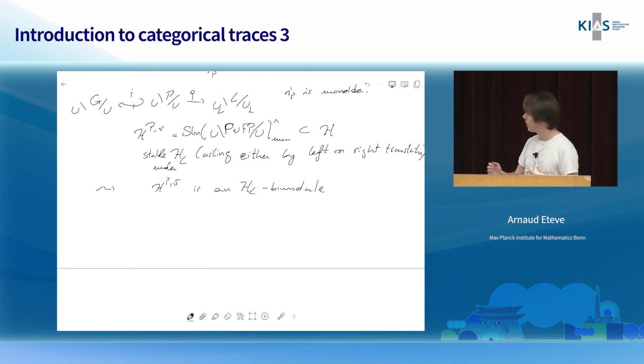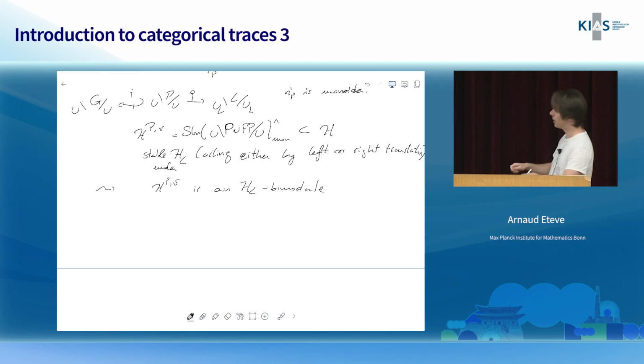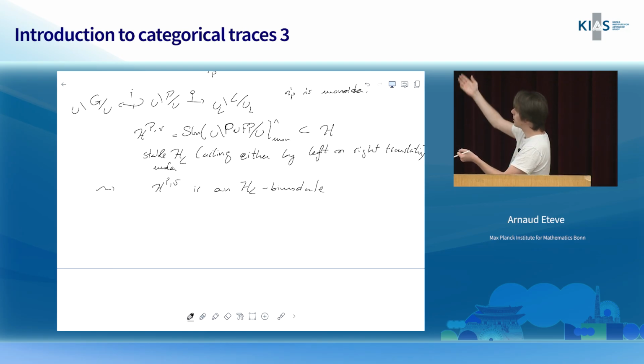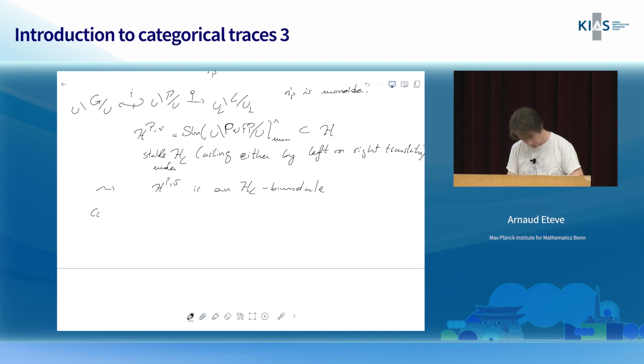So now you have a monoidal category H_L, and you have a bimodule for this, so you can take the trace on the two-category of H_L modules induced by this bimodule, which is the pattern we first considered when we took categorical traces on the category of modules over something. So we can consider the trace of H_{P,V}.